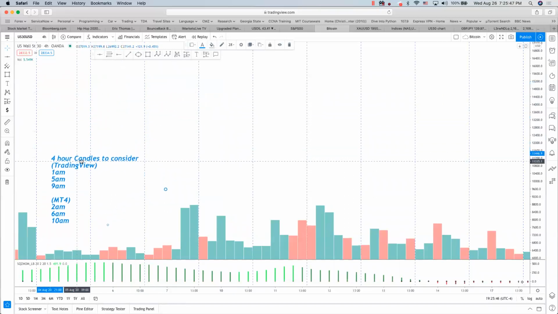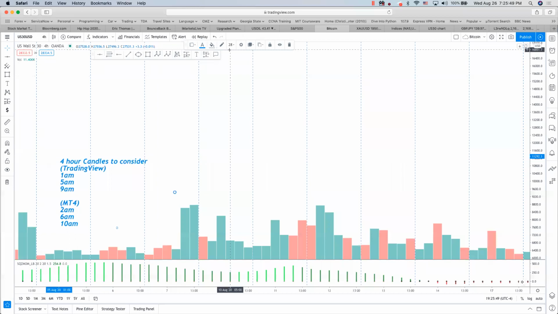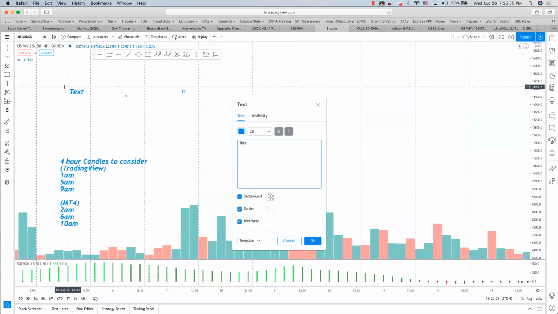So I'm gonna give the rules first, and then I'll explain it with examples. You mark up from the top down, and marking up from top down means from the monthly to the 1 hour.